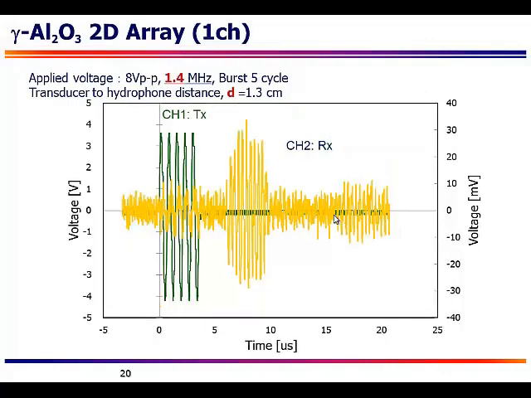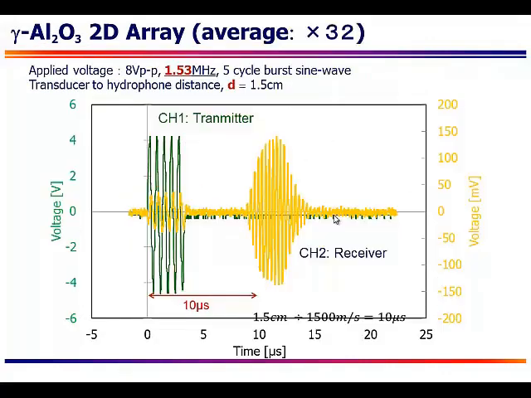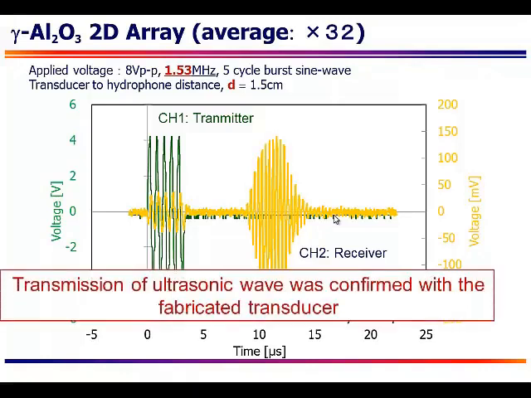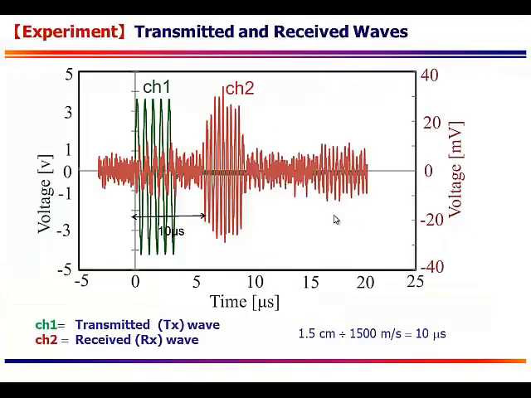This is another one, 1.4 megahertz, and another at 1.53 megahertz. Finally, we found that the transmission of the ultrasonic wave was confirmed by our fabricated pMUT transducer. We also investigated that within 10 microseconds it can transmit between channel 1 and channel 2, the transmitted and received signal.